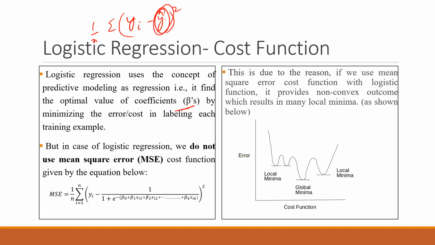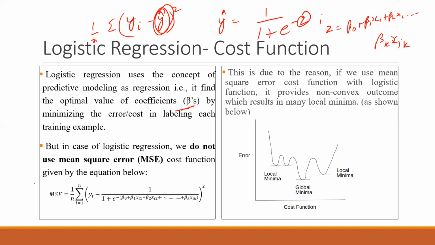But now this y hat is expanded into 1 upon 1 plus e to the power minus z, where z is beta naught plus beta 1 x1 plus beta 2 x2 up to beta k xik, and that's what is written here.